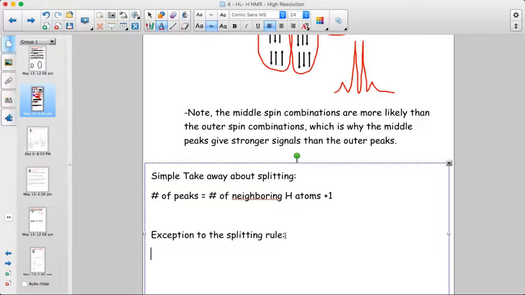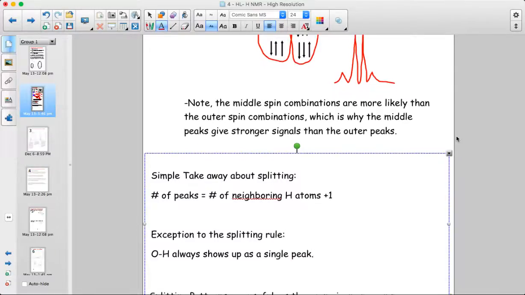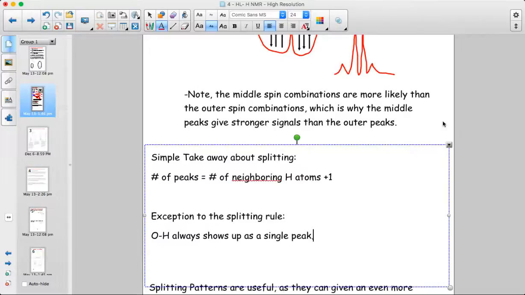There is an exception, like there always is, to the splitting rule, and that's that for whatever reason, the H on a hydroxyl group, so the H on the alcohol functional group, always shows up as a single peak. And trying to explain that is a little bit beyond me and beyond this course.